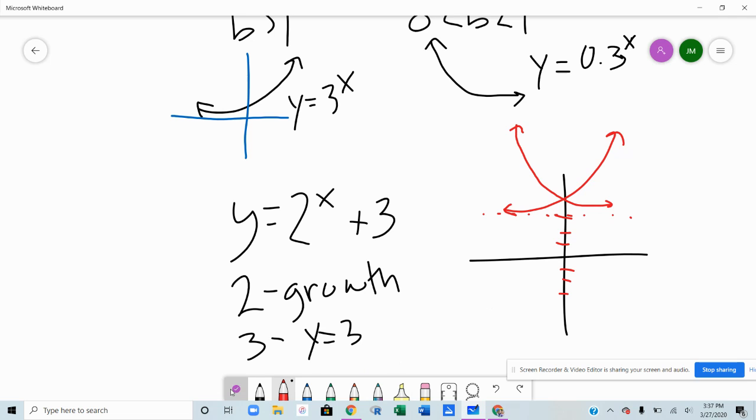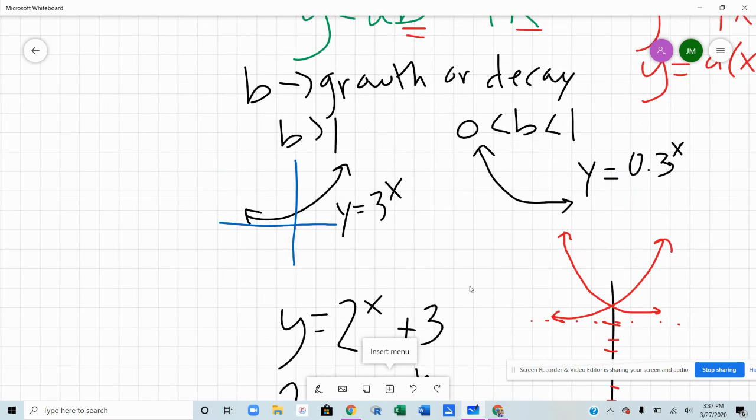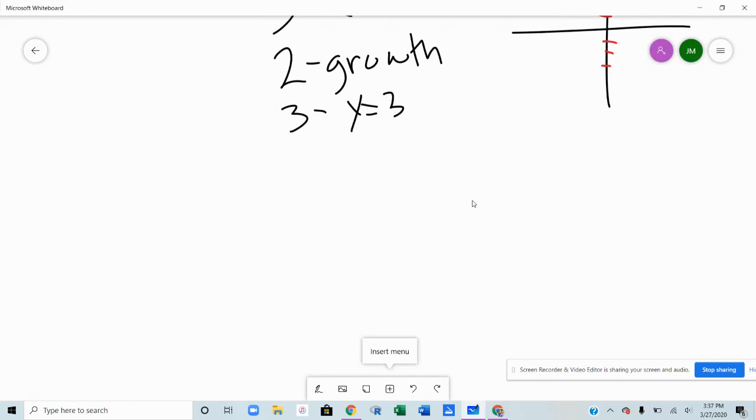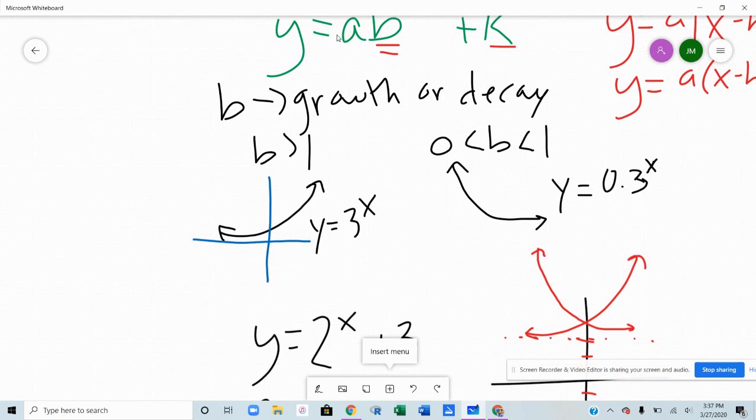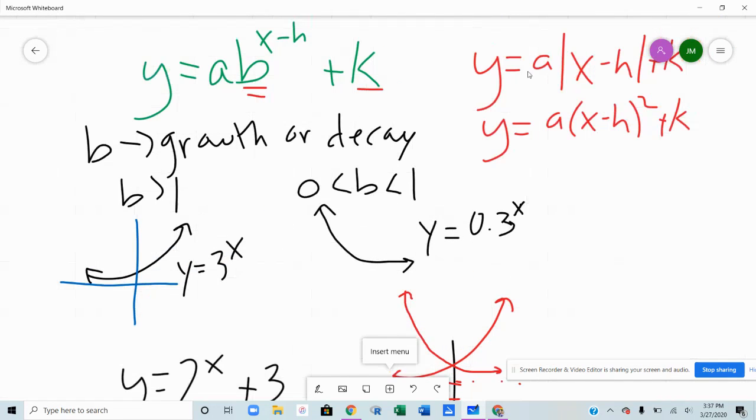Okay. Now, there is one more thing that you're going to see on the practice IXLs that I want you to do with this, and it deals with this A value. Remember back here with your absolute values in your quadratics, if A was negative, it flips your graph.